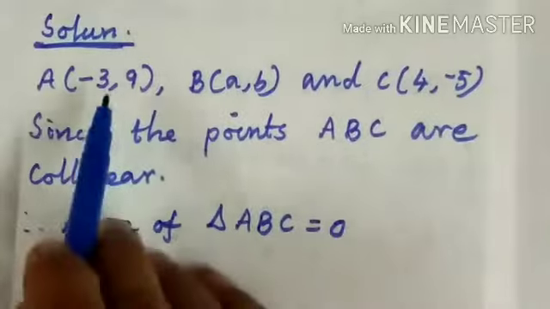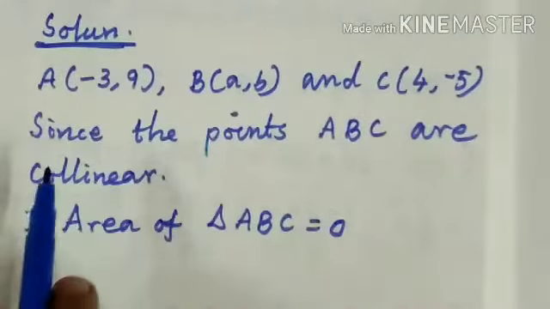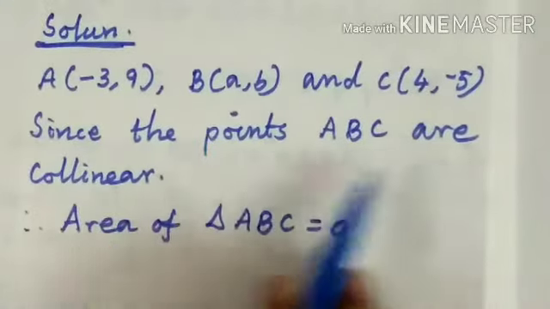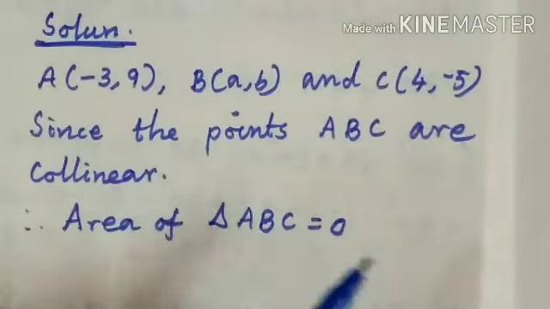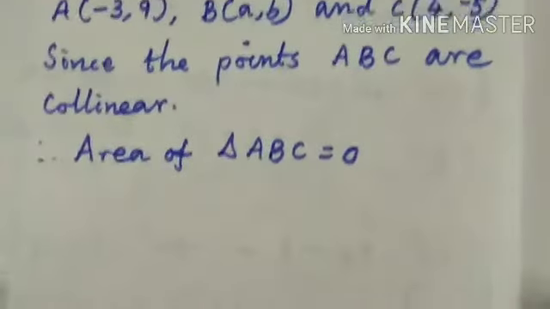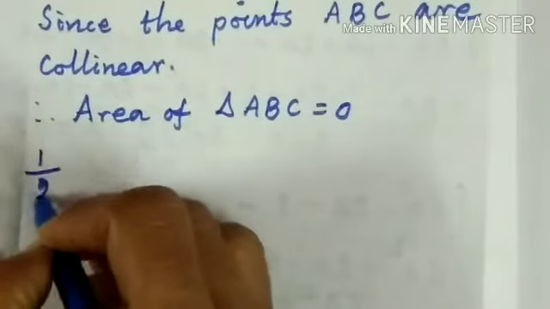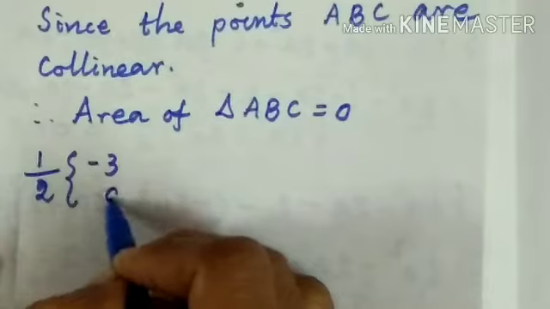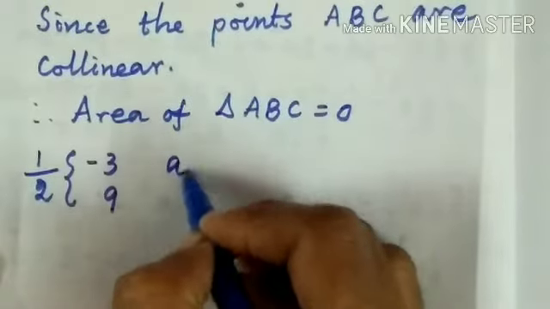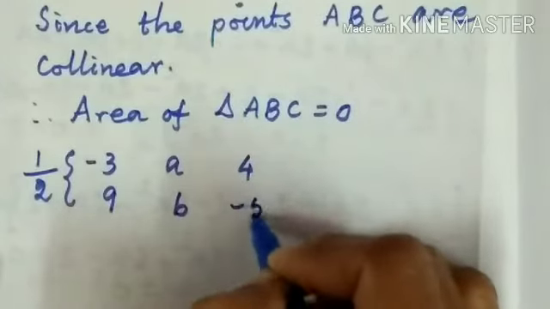first you take down and write the given points A, B, C. Since the points A, B, C are collinear, therefore area of triangle ABC equal to 0. Now you have to apply the formula half into A point minus 3, 9, B point A, B, C point 4 minus 5.